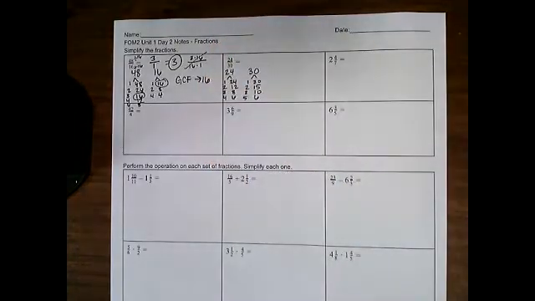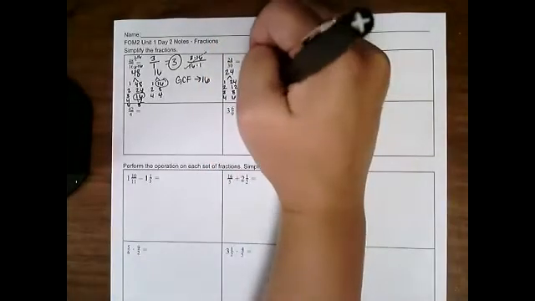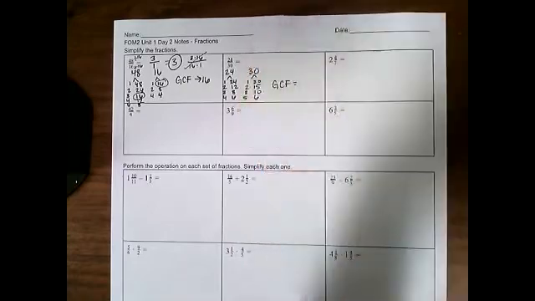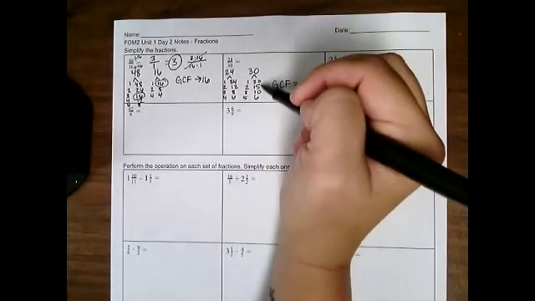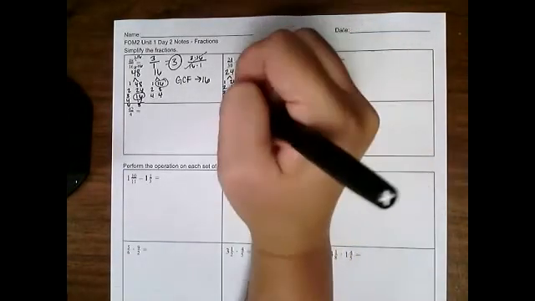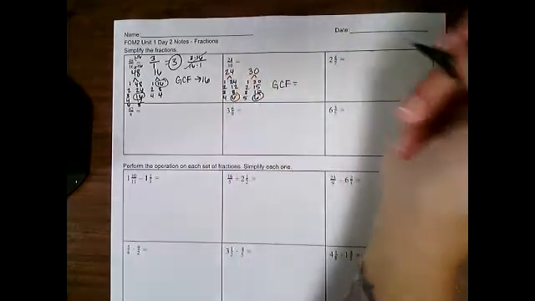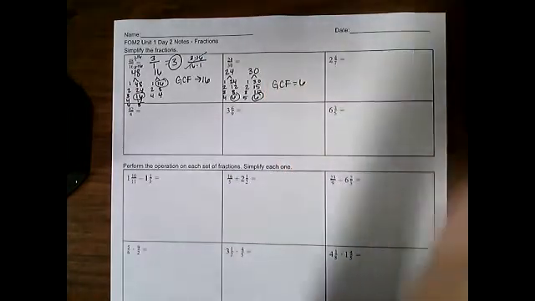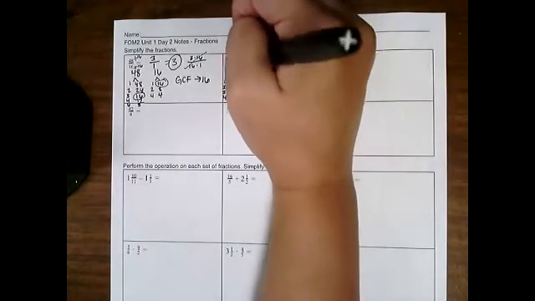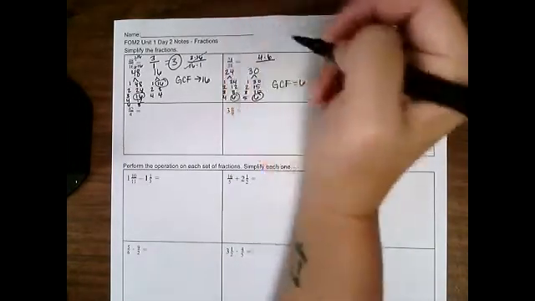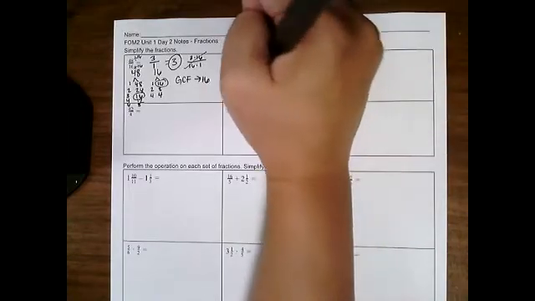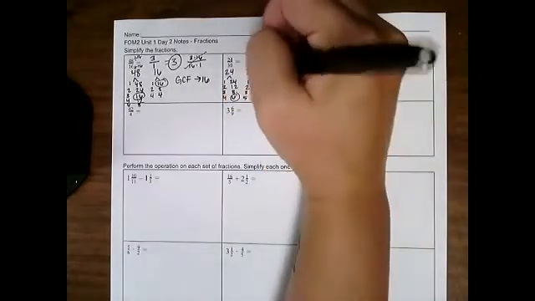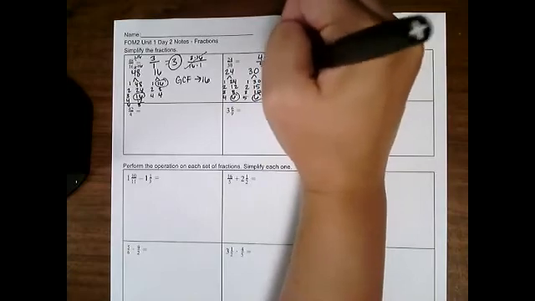So I want the greatest common factor here. My GCF here is 6, the biggest number that they both have there. So 24 is equal to 4 times 6, and 30 is equal to 5 times 6. Your 6s cancel, and you get 4 over 5.